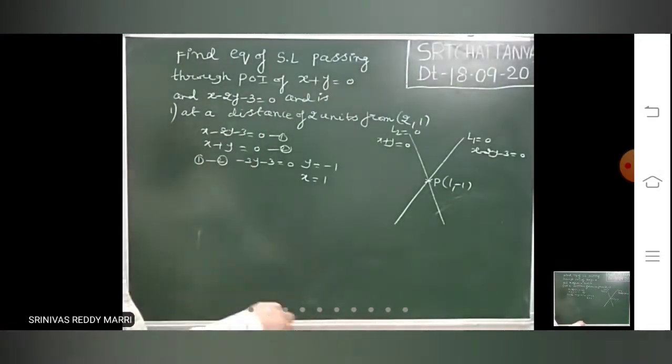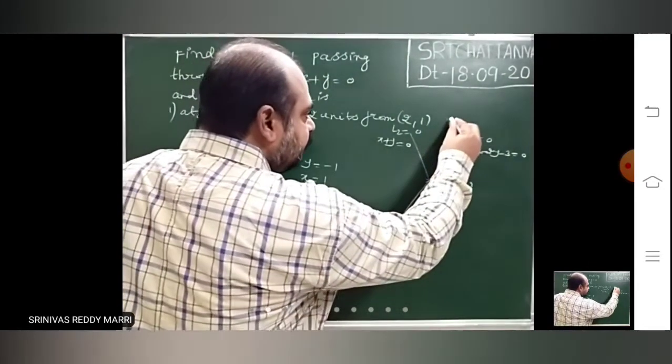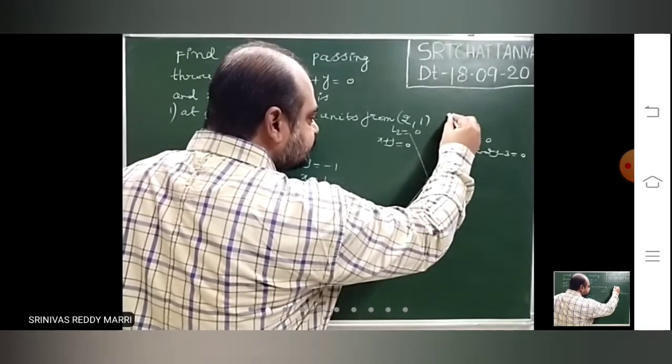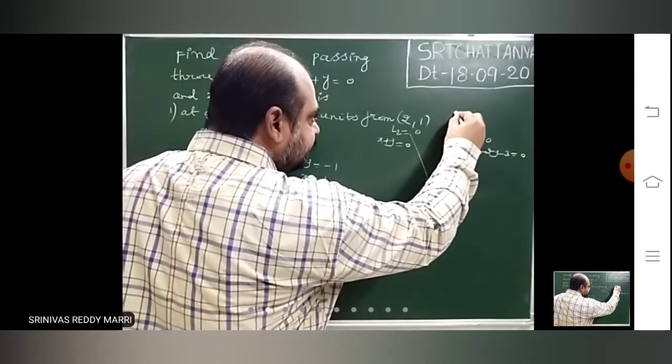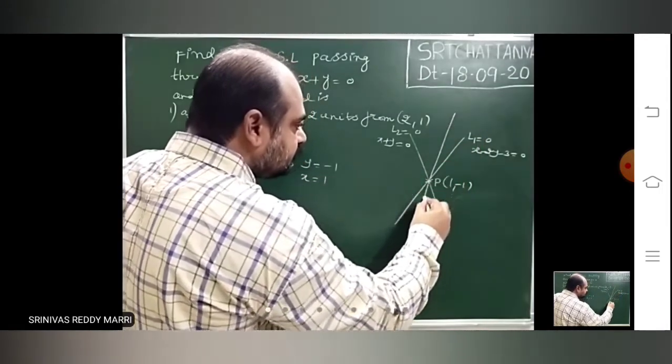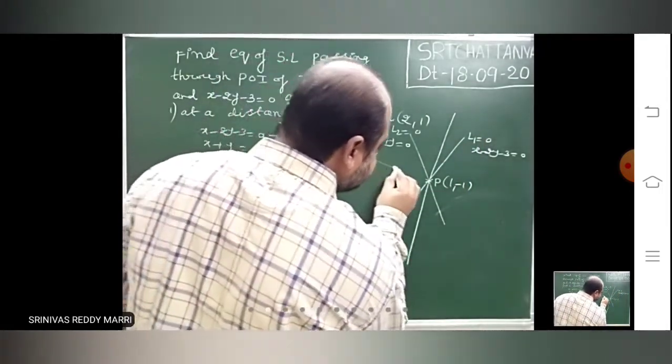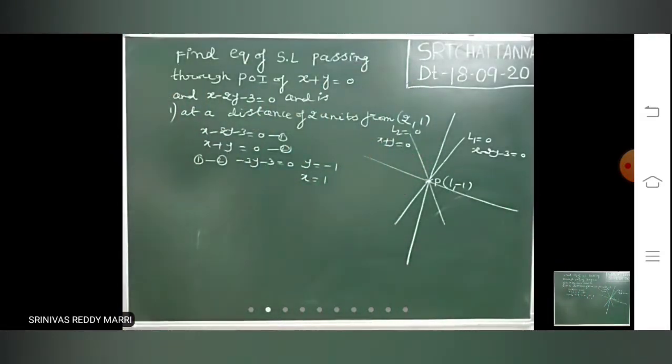He is asking to find the equation of a line passing through the point of intersection of these two lines. There will be a lot of lines like this passing through the point of intersection.